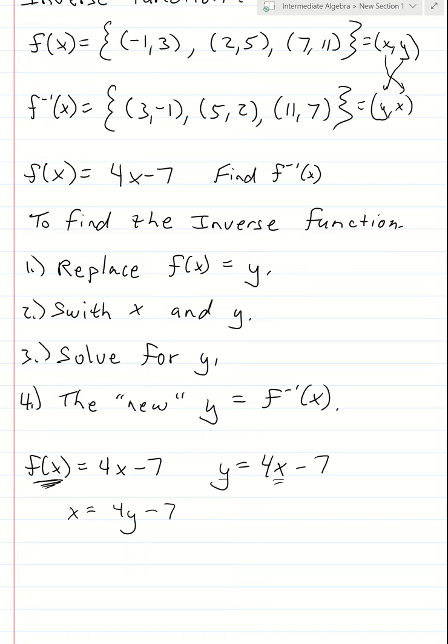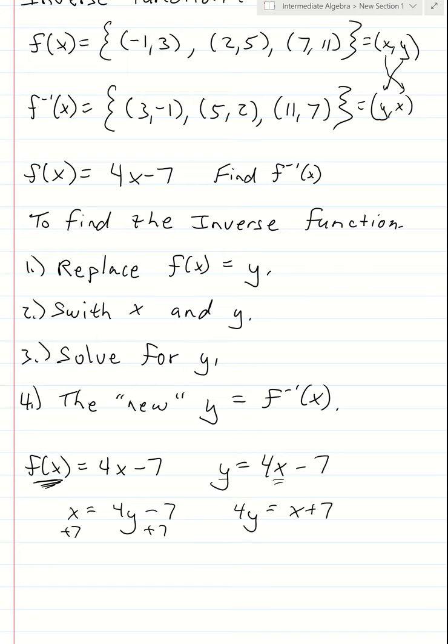So now that I have switched x and y, my goal is to get y by itself. And this goes back to what we did, I believe it was our very first class together, where we talked about solving those literal equations, solving for formulas. In which case what we would have to do is start off by adding the 7 over. So that would give us 4y equals x plus 7.